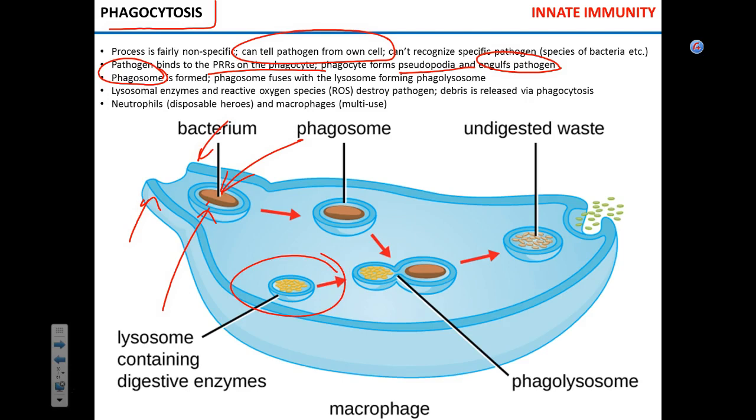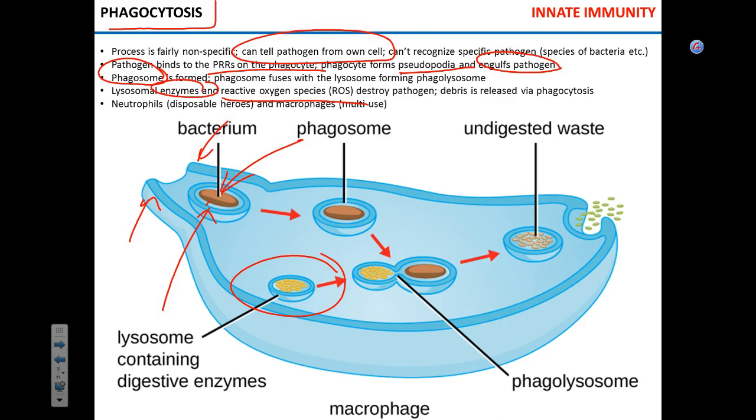vesicle called a lysosome. You remember, lysosomes are intracellular organelles that contain a variety of chemicals such as reactive oxygen species, various proteolytic enzymes capable of destroying proteins and nucleic acids.